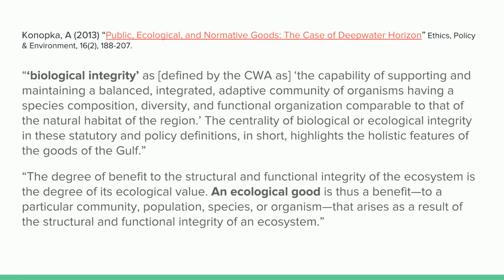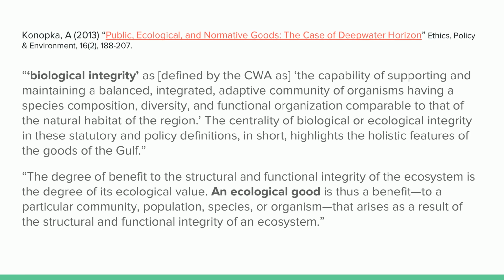Using the case of Deepwater Horizon, Konopka says that it's often the case that we look at the economic impact in terms of dollar values, and really in terms of how many organisms, how many seals died, how many dolphins died, how many fish died, trying to quantify the extent of the damage. And what Konopka argues is that quantifying explicitly all the parts that are damaged leaves out an important feature of the case, which is the biological integrity or ecological integrity of that ecosystem.